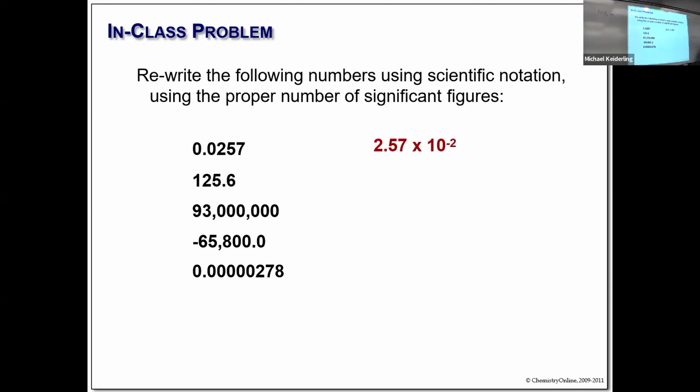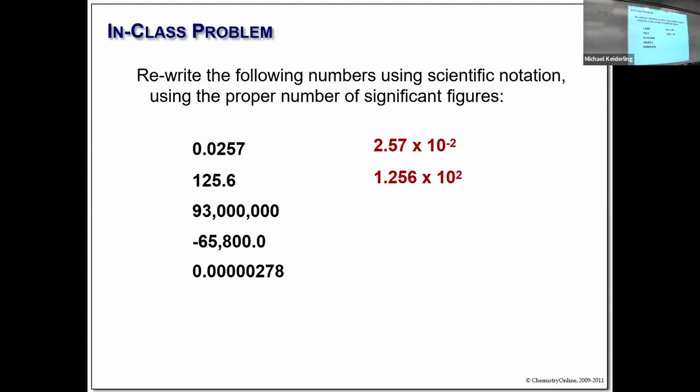This has three significant figures, so it'll be 2.57 times 10 to the minus 2. 125.6: we'd have to move two places to the left, so that'll be positive 2. It has four significant figures, so it's 1.256 times 10 to the positive 2.